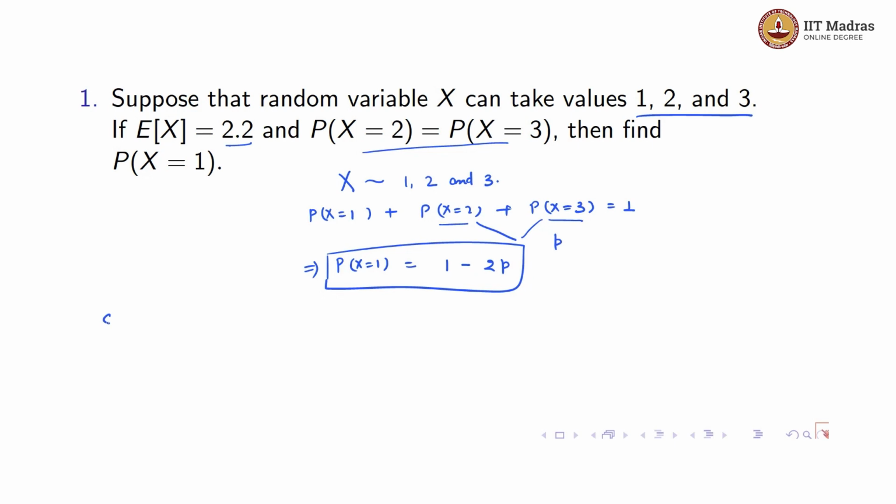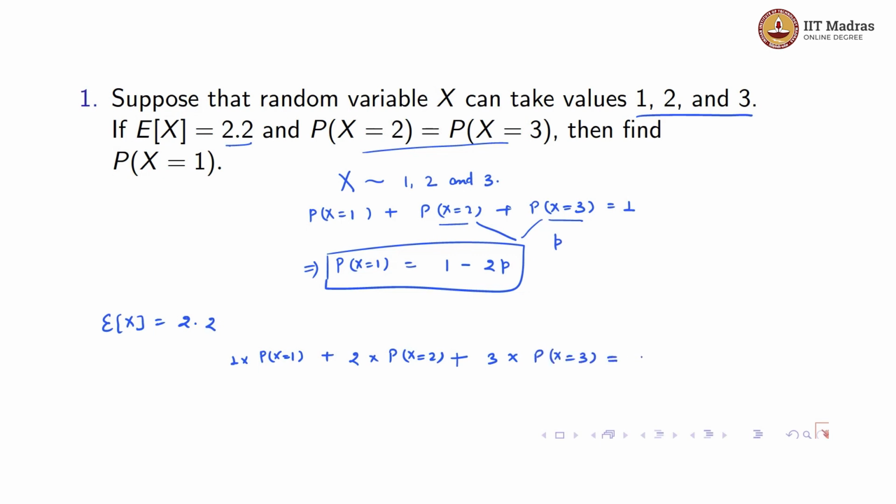Since the expectation of the random variable is 2.2, by using the formula of expectation we can write this: it is taking value 1 with the probability p of x is equal to 1, plus 2 with probability p x is equal to 2, plus 3 into the probability that it takes value 3.